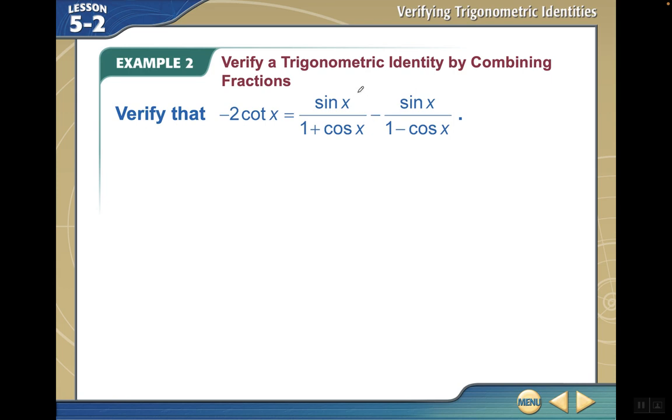I'll multiply the top and bottom both by 1 minus cosine x, and on the other term I will multiply by 1 plus cosine x. So the denominator then becomes 1 minus cosine squared x for both of those.